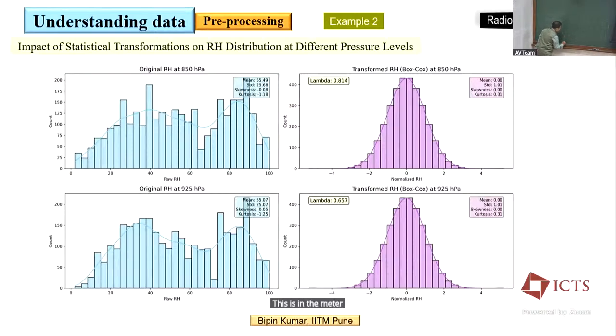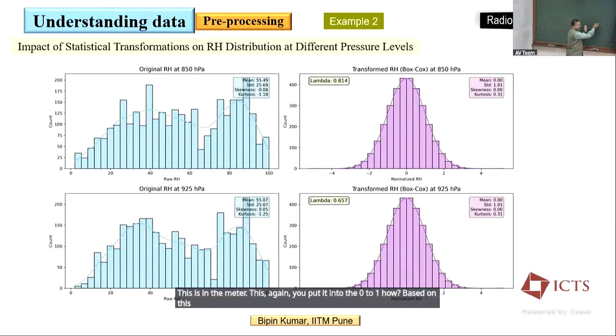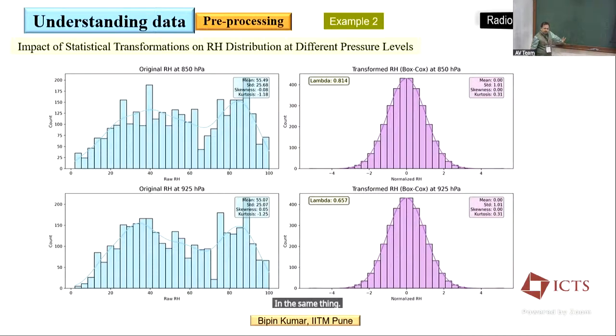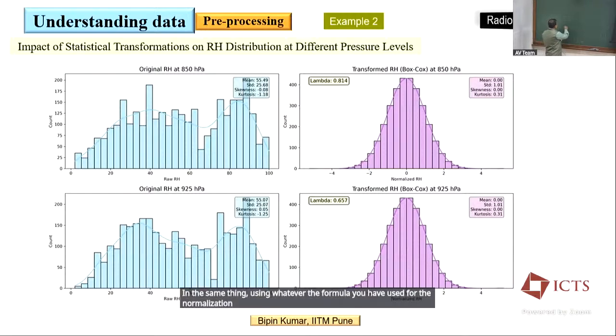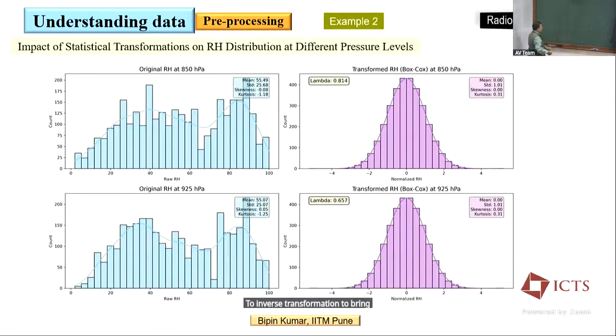This again you put into 0 to 1, based on this interval. Once it is done, you bring everything back using the same formula you used for the normalization, based on these alpha 1 and beta 1. The same formula you use as the inverse transformation to bring back your original values.